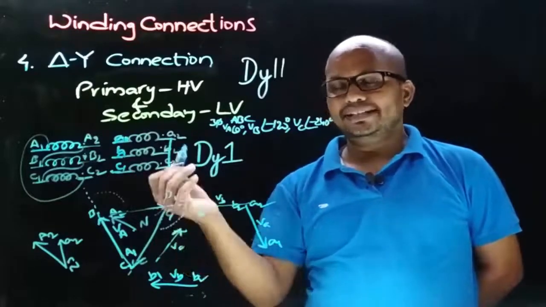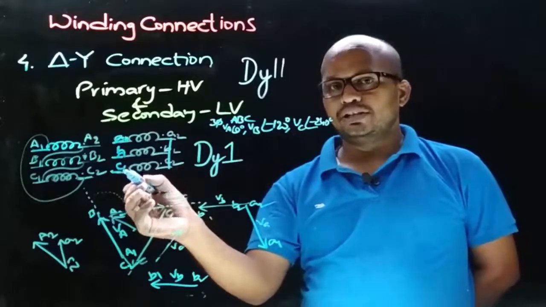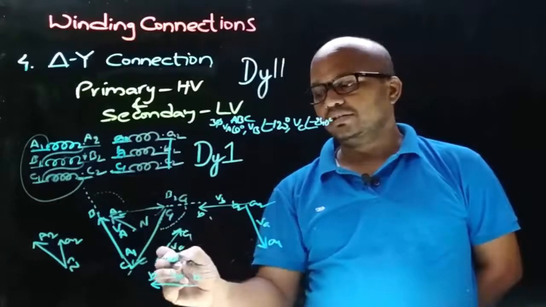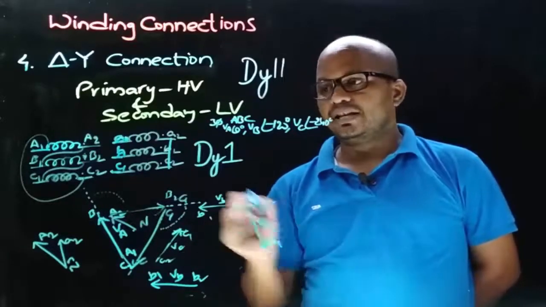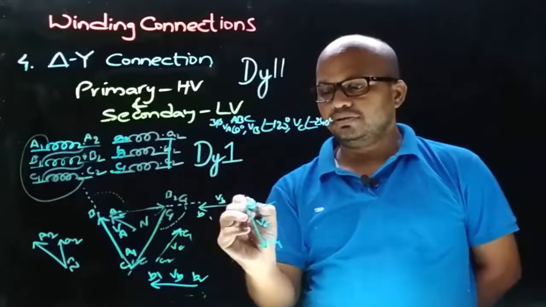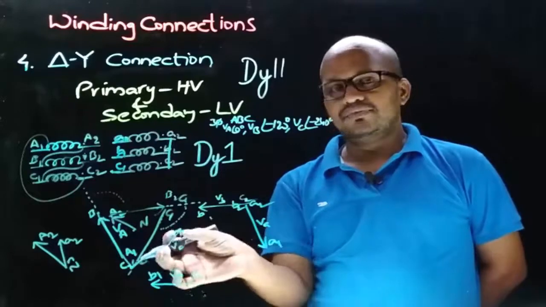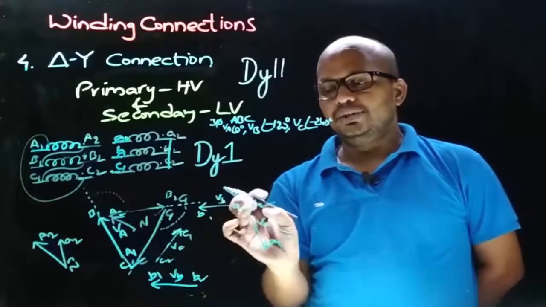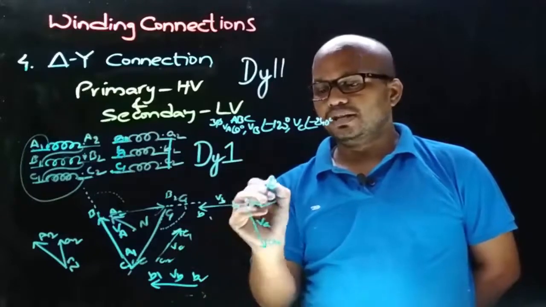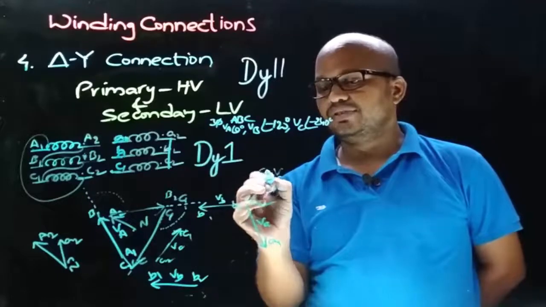Now let's decide the terminals of the VC phasor. As the connection is taken from the non-dot end terminal, that is C1, the arrow will point towards C1 and the other end will be C2. Observing from the connection that A2 and B2 are joined with C2, we must get C2 there. So draw this phasor such that A2 and B2 will have C2, like this. This is the VC phasor, which has the C1 terminal.